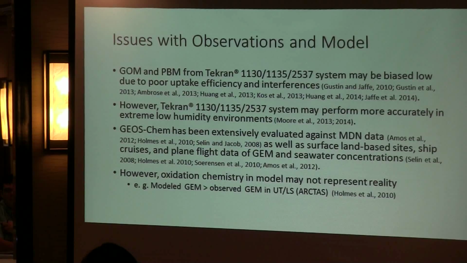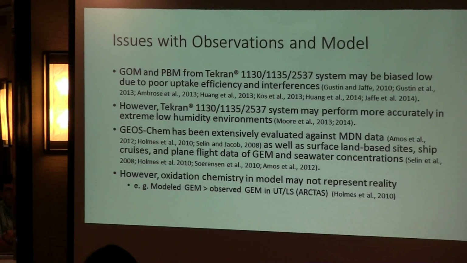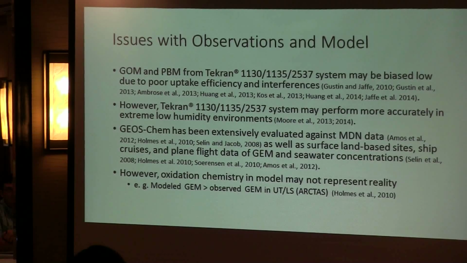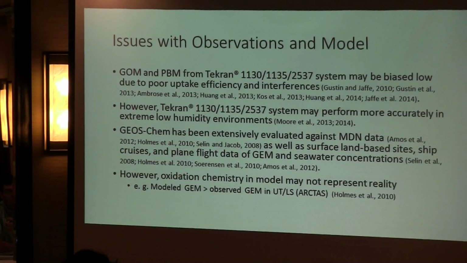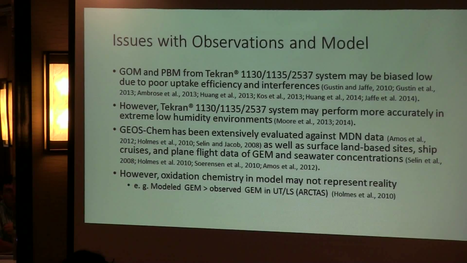The GEOS-Chem model has been extensively evaluated against the Mercury Deposition Network data, as well as surface land sites, ship cruises, and flight data of elemental mercury, seawater concentrations. However, the oxidation chemistry in the model may not represent reality.